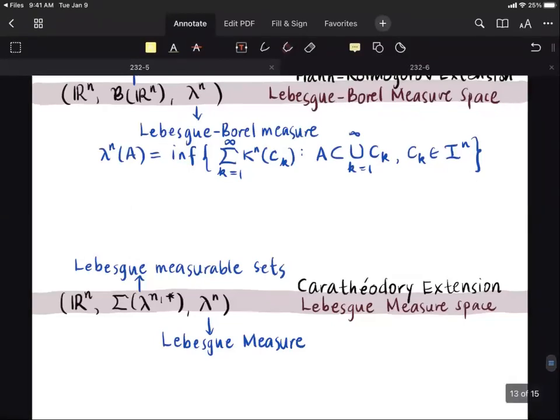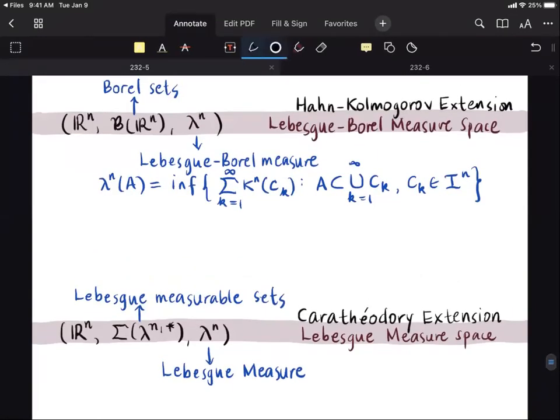Now, if we want to distinguish the Lebesgue-Borel measure and the Lebesgue measure, we denote the Lebesgue-Borel measure by lambda n LB and the Lebesgue measure by lambda n L. So the subscripts tell us what kind of measure we are dealing with: LB for the Lebesgue-Borel measure and L for the Lebesgue measure.